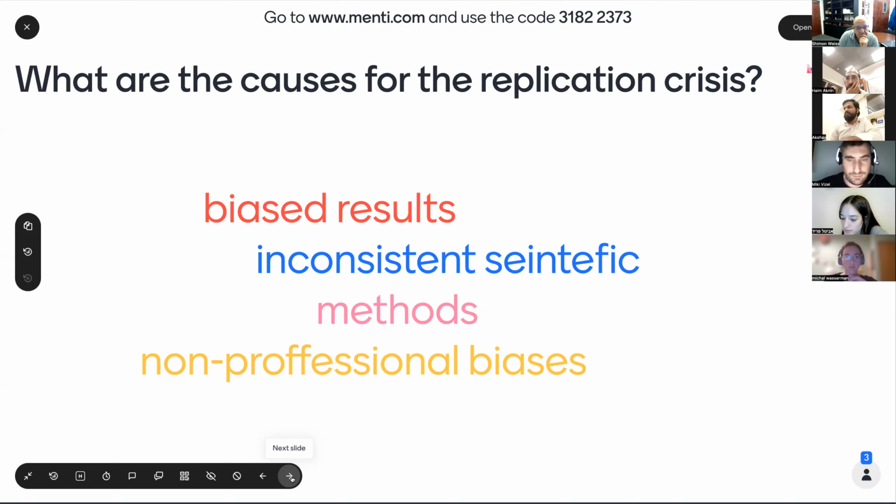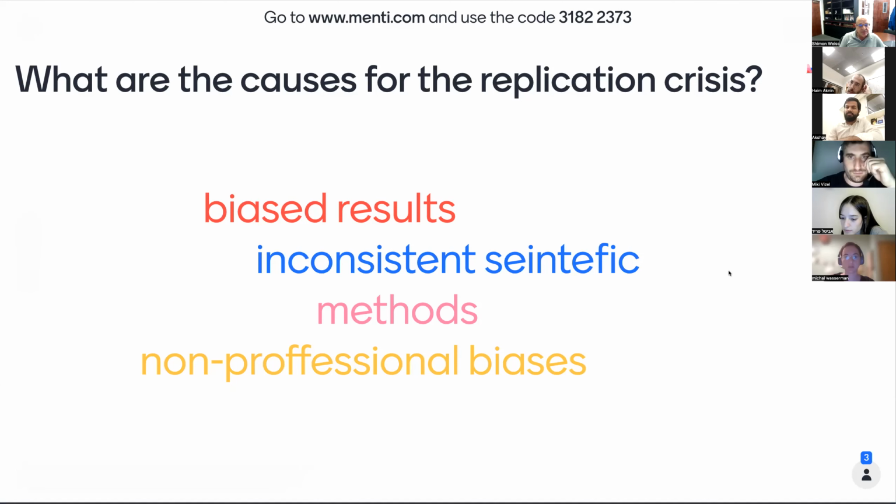Yes, whether it comes to helping a friend out to benefit his name or promoting your own career, stuff like that. Inconsistent scientific methods, more.